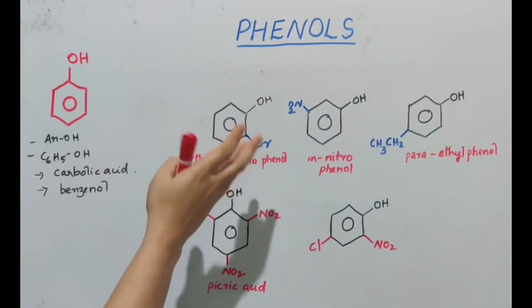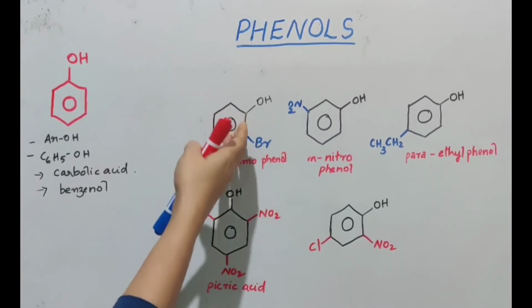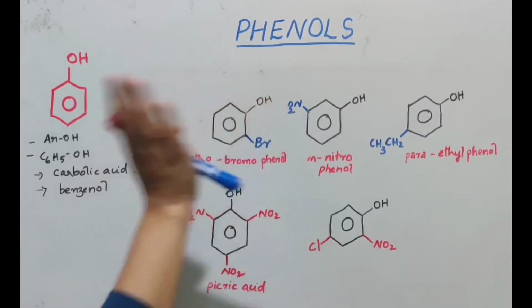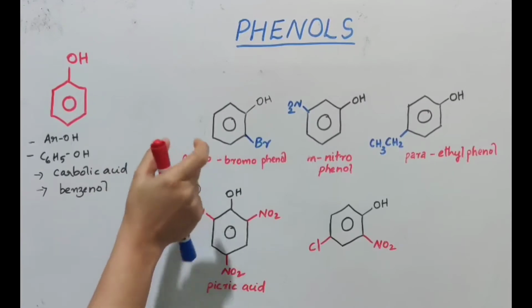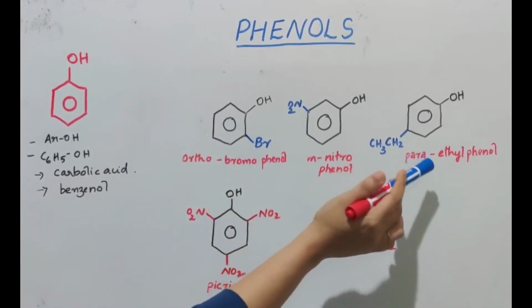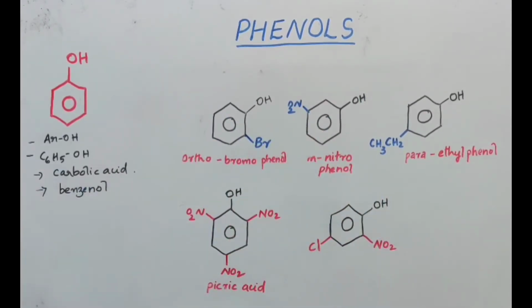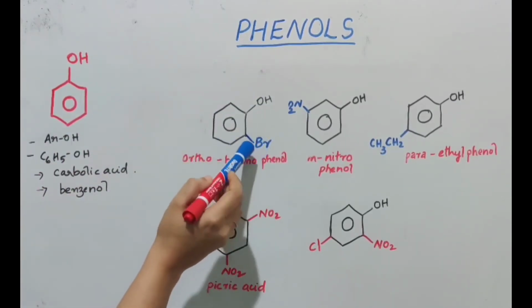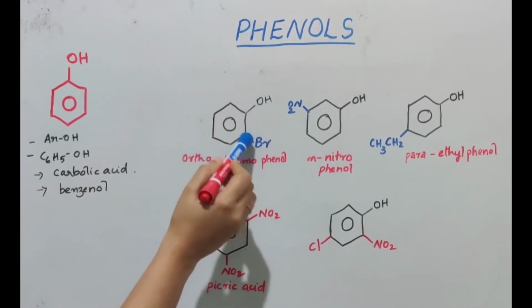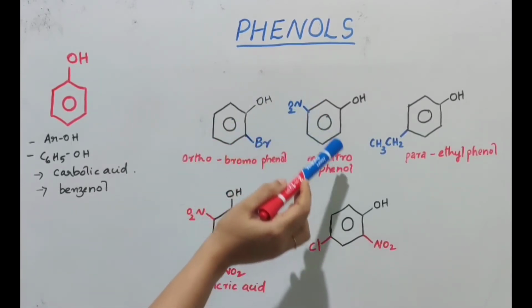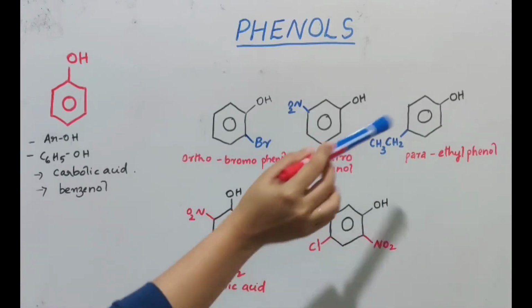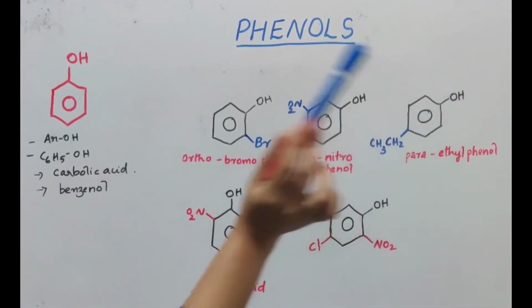Firstly, we are discussing the naming of phenols. First, we can take the monosubstituted phenols. The terms ortho, meta and para are commonly used for the naming of monosubstituted phenols. For this, ortho-bromophenol, meta-nitrophenol and para-ethylphenol.